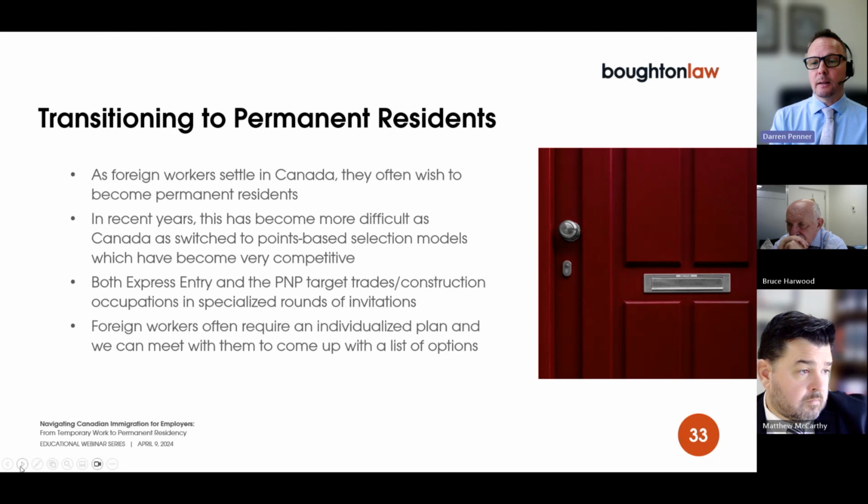Those people, if they had at least 6 months of experience in the position in the last 3 years, qualified for these specialized rounds of invitations. And because they were specialized, it meant the score was a lot lower for this specialization than it would be in the general pool, and that was an advantage.